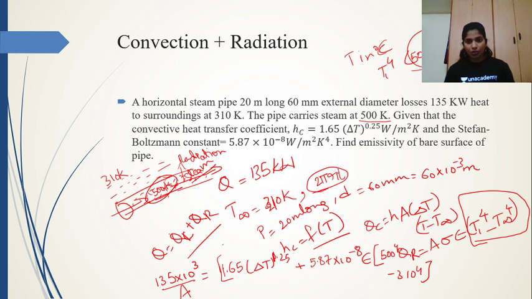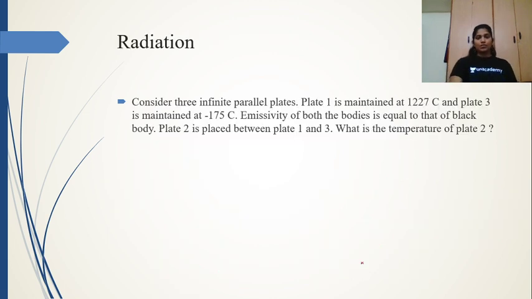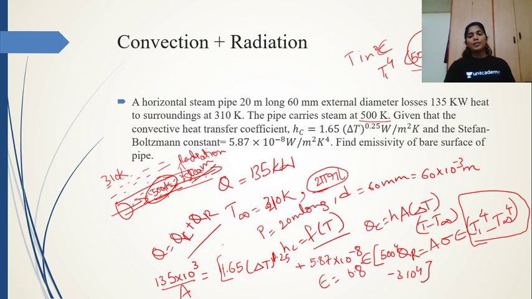This is the area of the steam pipe. So after substituting all these values, you will get the emissivity of the base surface as 0.8. Okay, so this is how we will be solving the process. Here we have to consider the convection process and radiation process, and from that you will calculate emissivity.